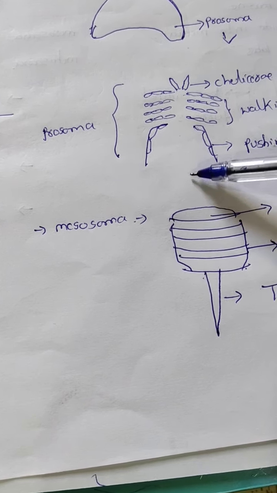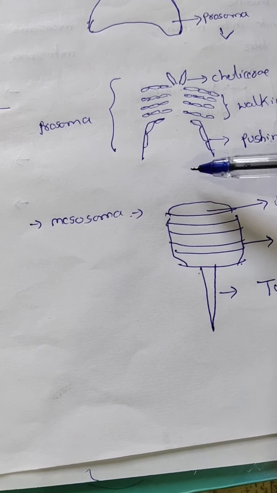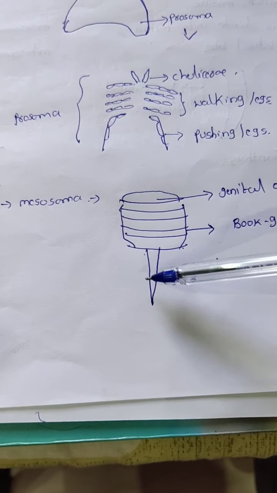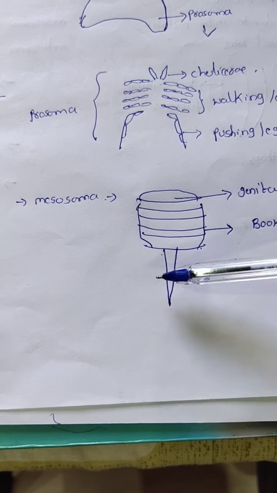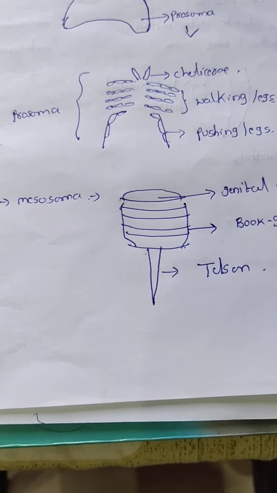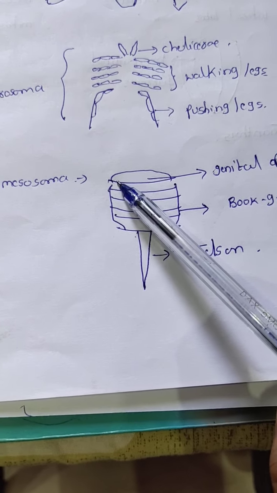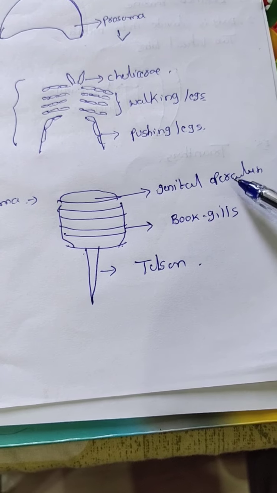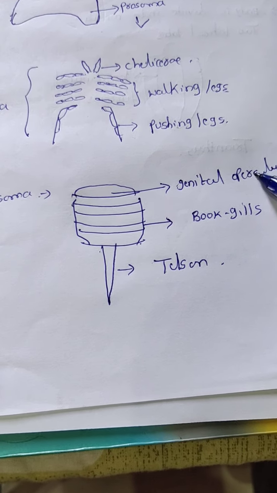Next we come to the opistosoma. Opistosoma can be classified into two: one is the mesosoma, another one is the metasoma. In mesosoma, the first segment has what? Genital operculum for reproduction purpose.